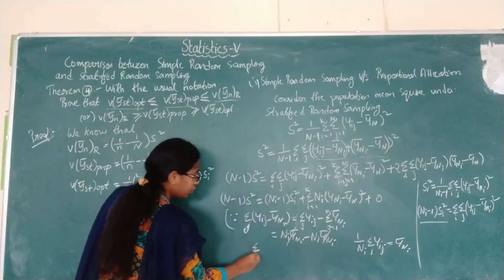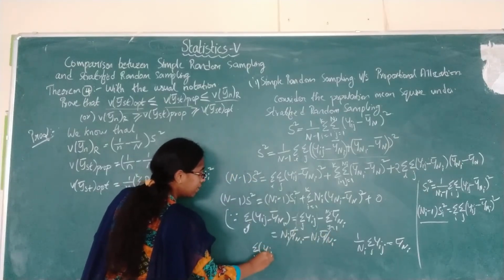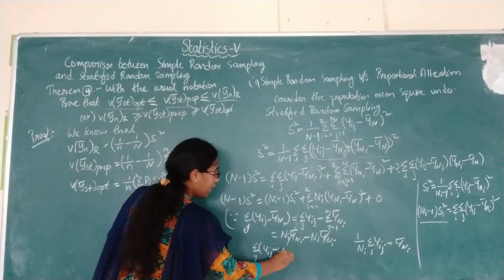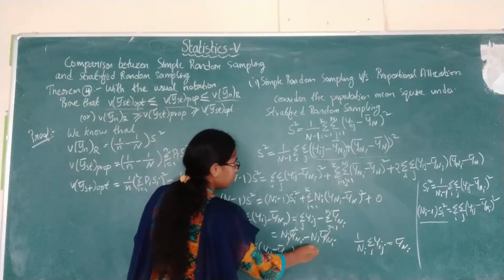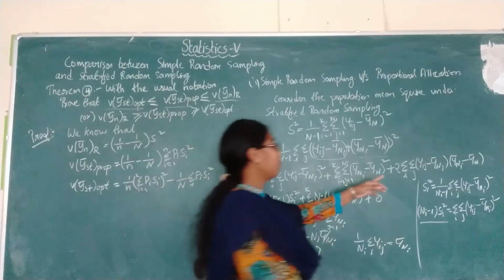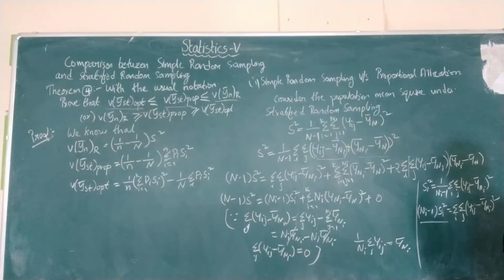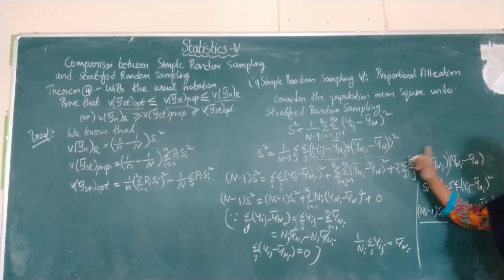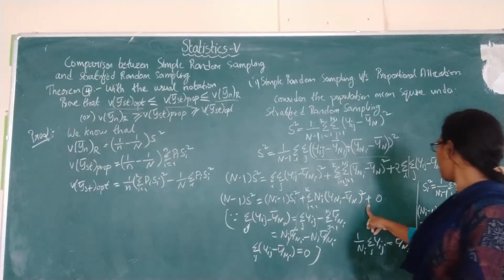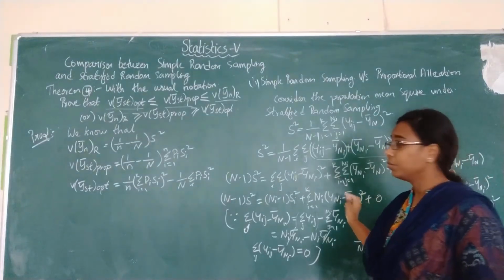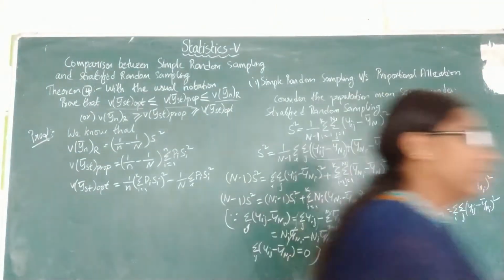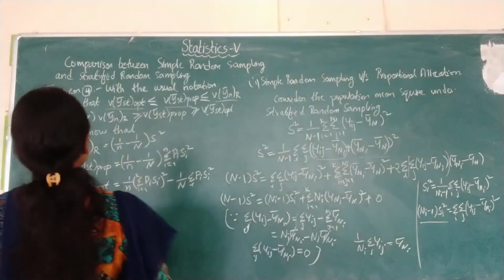So summation over j (yij minus yni bar) equals 0. Since this term is 0, this total term becomes 0. That's why we got this value 0. Now we'll see the next continuation.